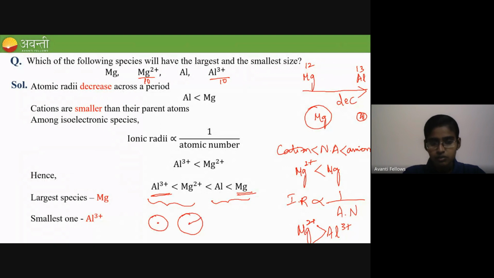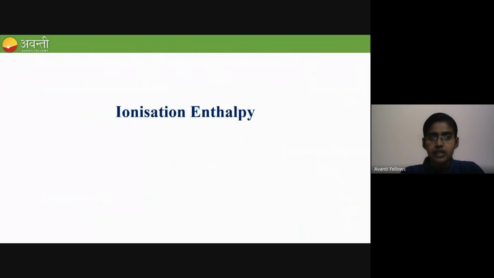But let me explain. So this is the radius of both the species, and this is going to be the diameter. Radius is different, diameter is also different. Radius and diameter are directly proportional to each other. Fine. No issues. We will continue with ionization energy.